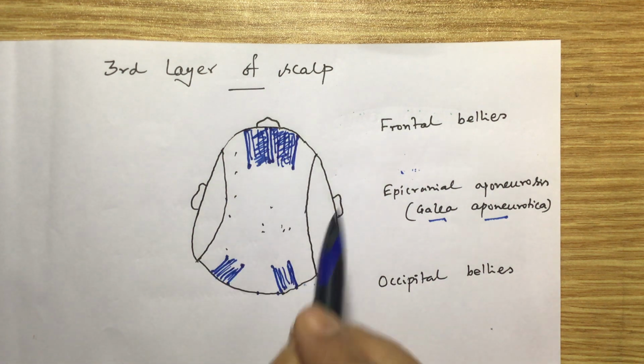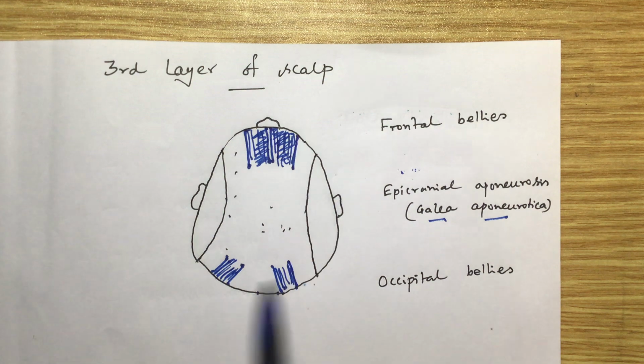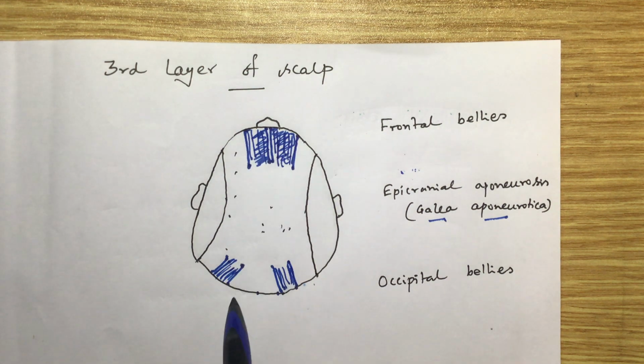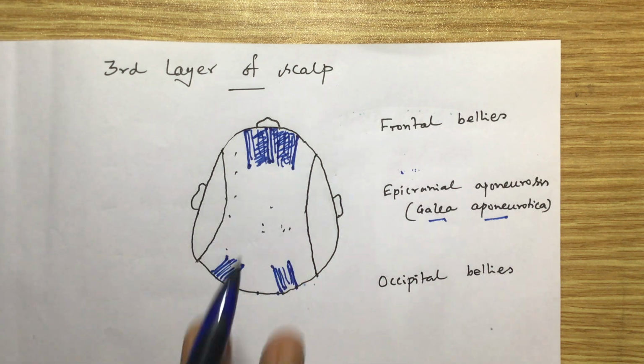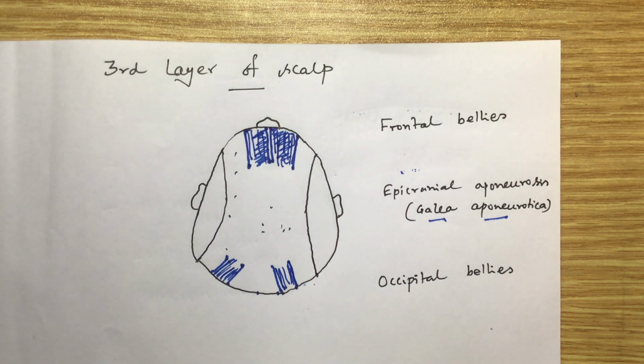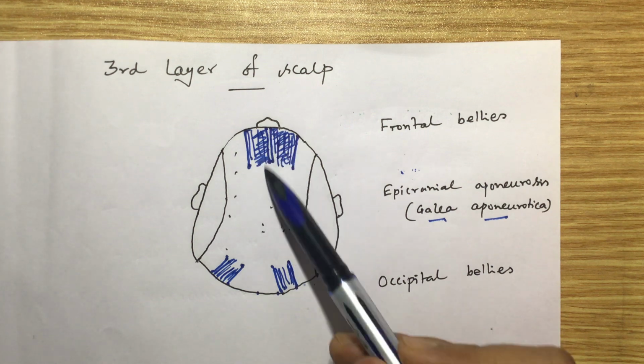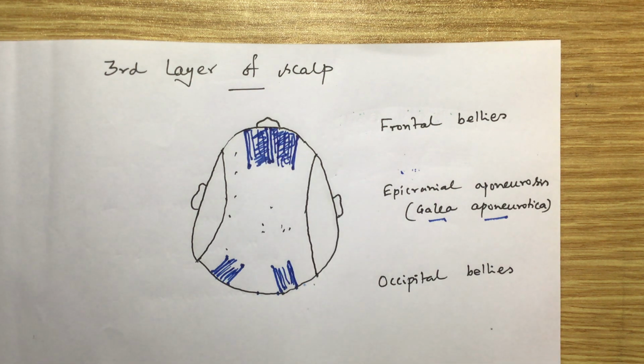One of the important things regarding this third layer is that the pull of these two muscles can move this aponeurotic layer, carrying the upper 2 layers along with it. Thereby, the upper 3 layers can move freely over the lower ones by the alternate contraction of these muscles.